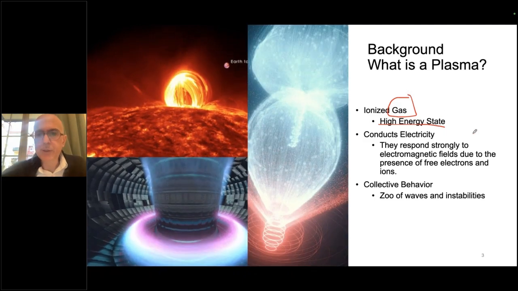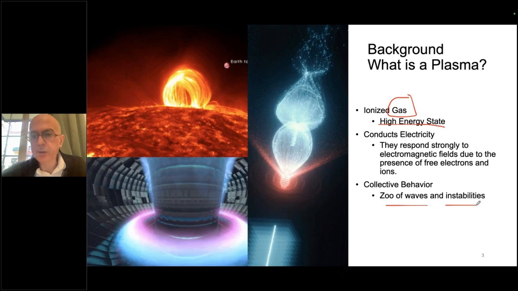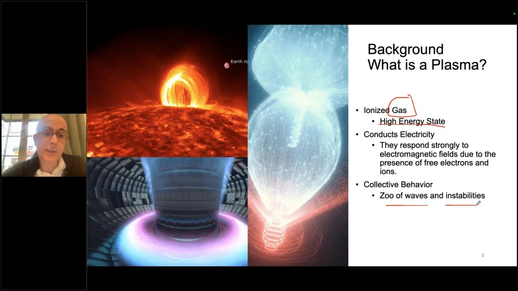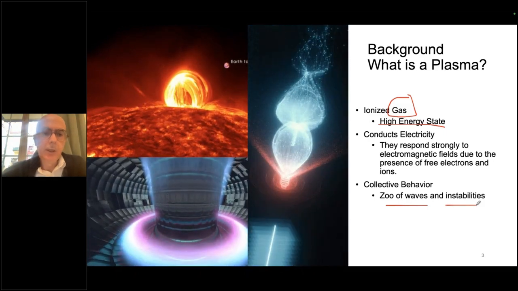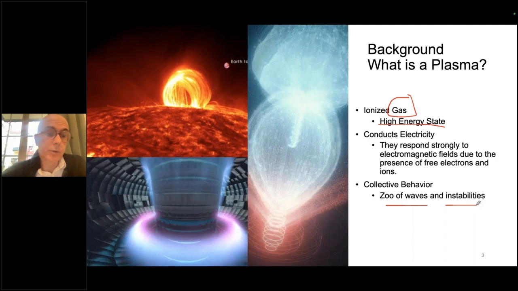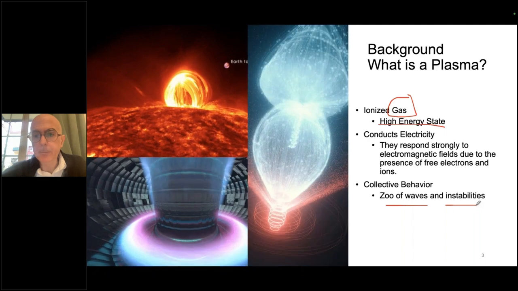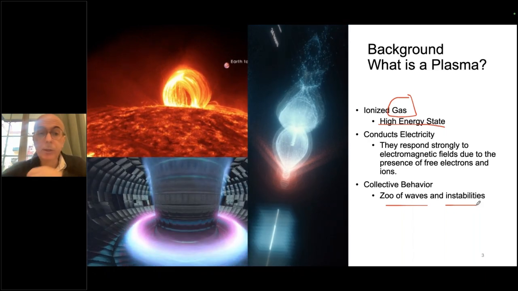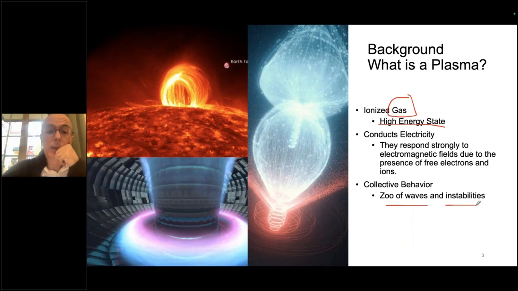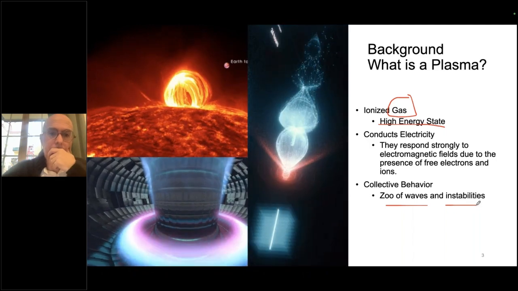Most of these waves and instabilities affect the dynamics, and particularly, for instance, in fusion systems, instabilities obstruct the confinement of the plasma in a small place.